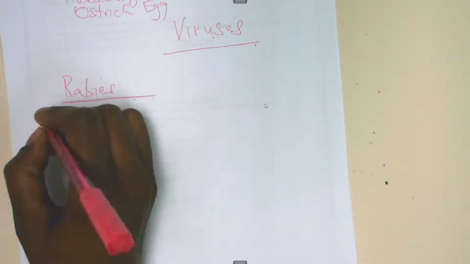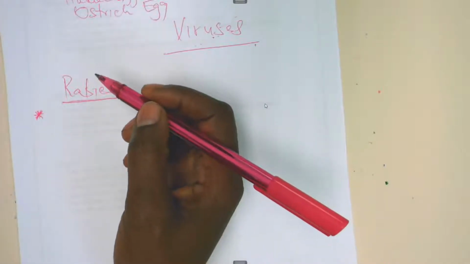And then point number 1, general knowledge. What is rabies?